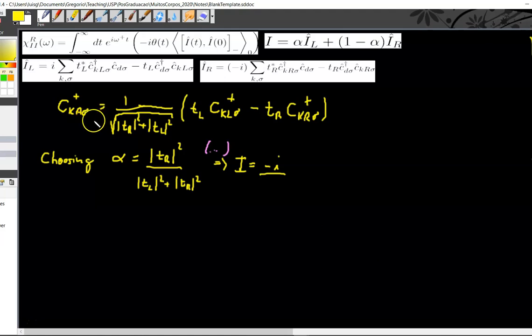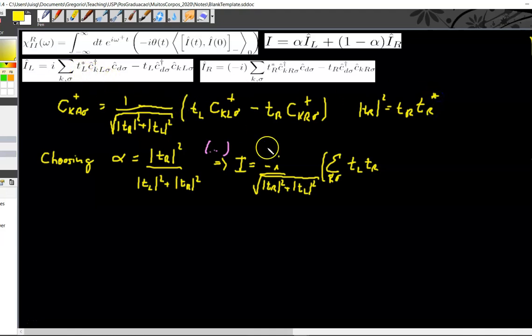This becomes, in this form, the square root of T_R squared plus T_L squared times the sum over k and sigma of T_L T_R star C_{kA} dagger C_{d sigma} minus T_L star T_R star C_{d sigma} dagger C_{kA sigma}.